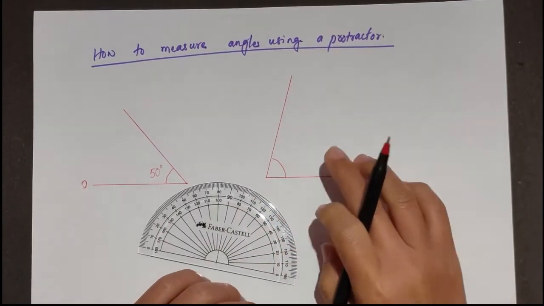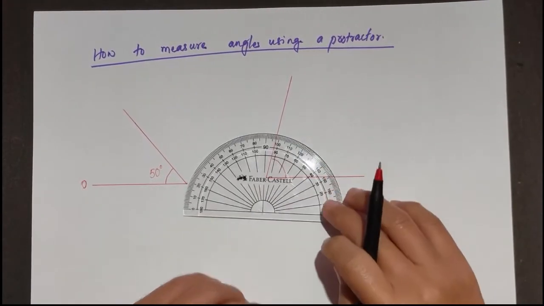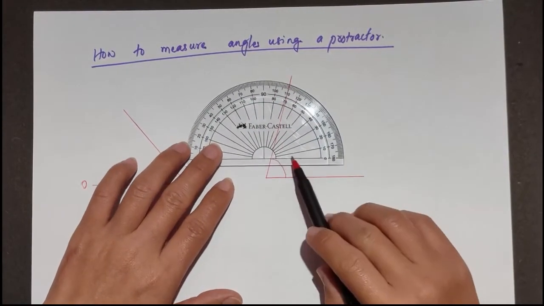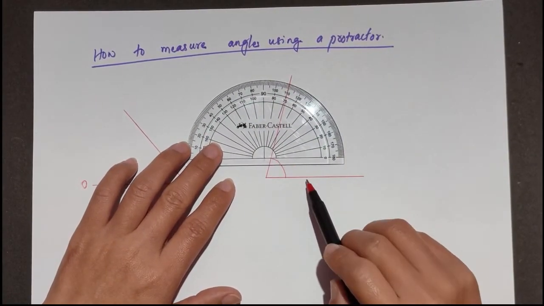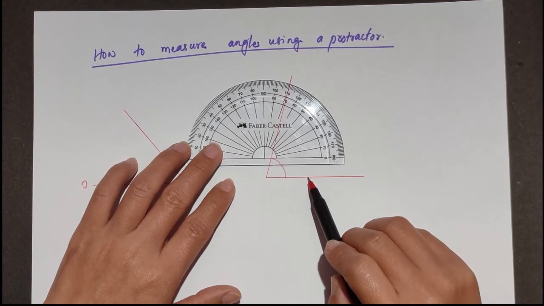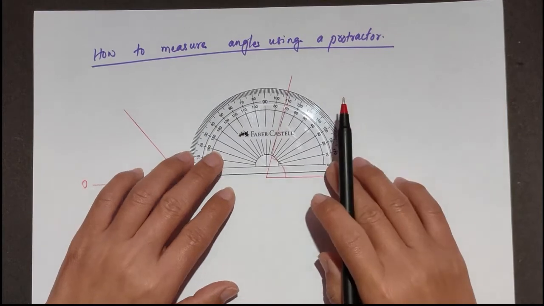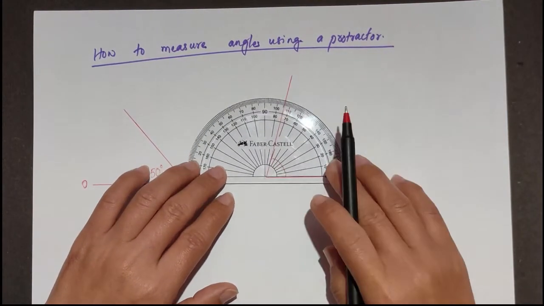Alright, now let's measure this angle again. Same thing, same step. We're going to bring this protractor, this line, first on this one of this line, and this vertex will be on the center of this protractor, this meeting point.